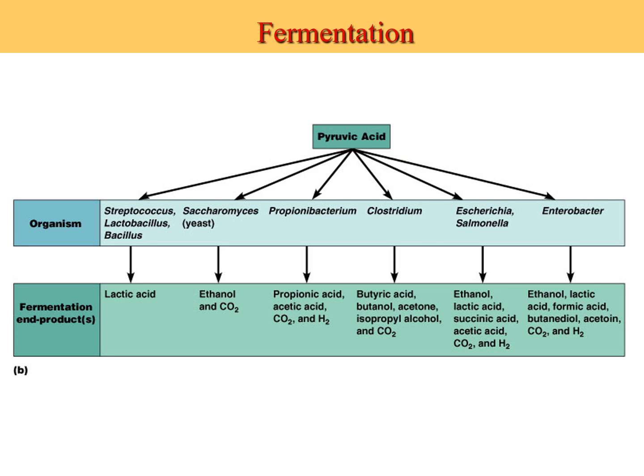Pyruvic acid therefore undergoes fermentation, and the end products can include lactic acid or ethanol. There are other possibilities besides lactic acid and ethanol, but we're not going to talk about those.